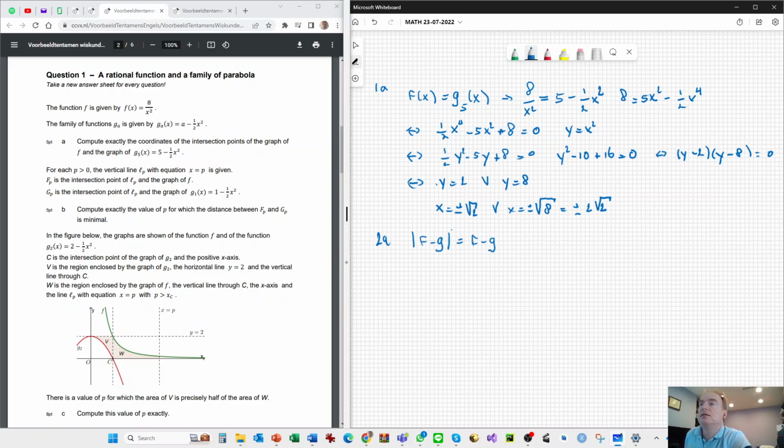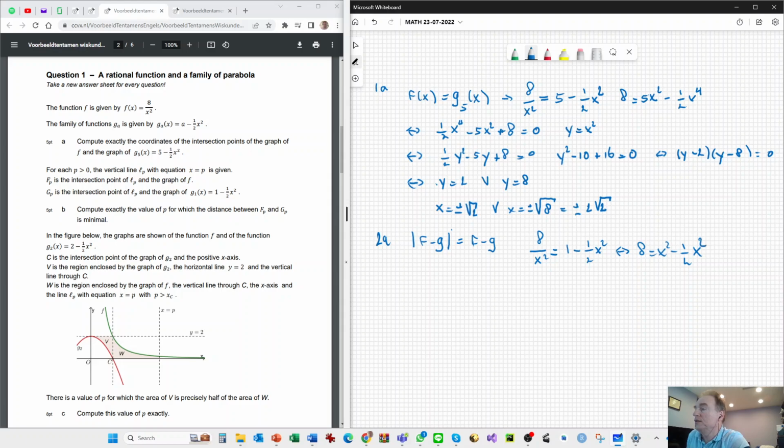Actually, let's check that. Let's again set these two functions equal. 8 divided by x squared. In this case, what was a? Is 1 minus 1/2 x squared, and do the same thing as we did above.